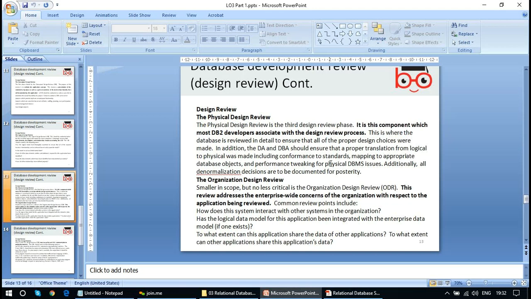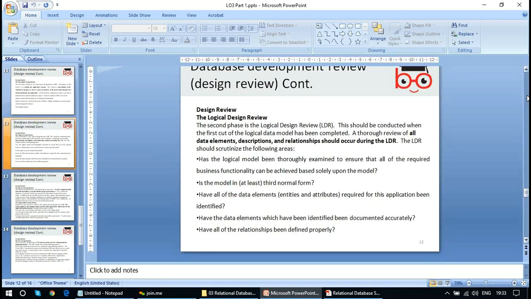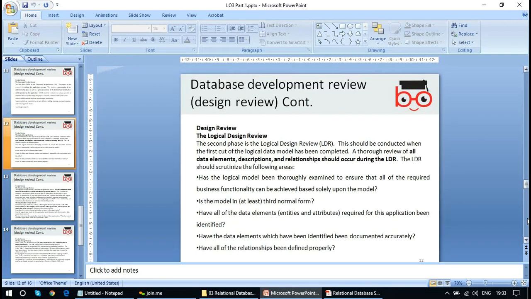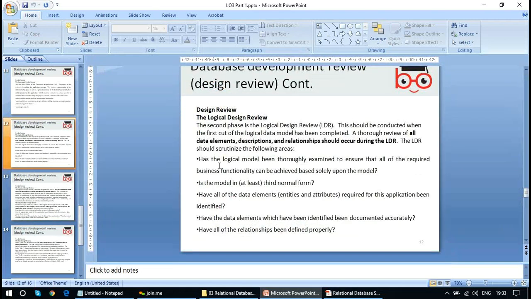Is that clear, the physical design review? Like the first review is the conceptual review. We reviewed whether the idea is good, should we go ahead or not. Then in the logical review, what we discussed is whether the logical model has been thoroughly examined, is the model in the third normal form, and all the attributes are defined, all elements are defined, all the relationships exist.